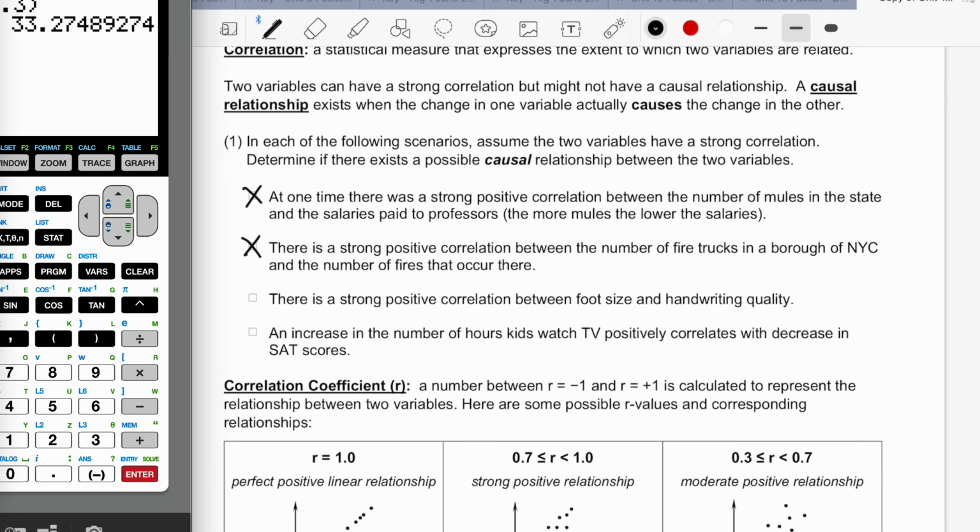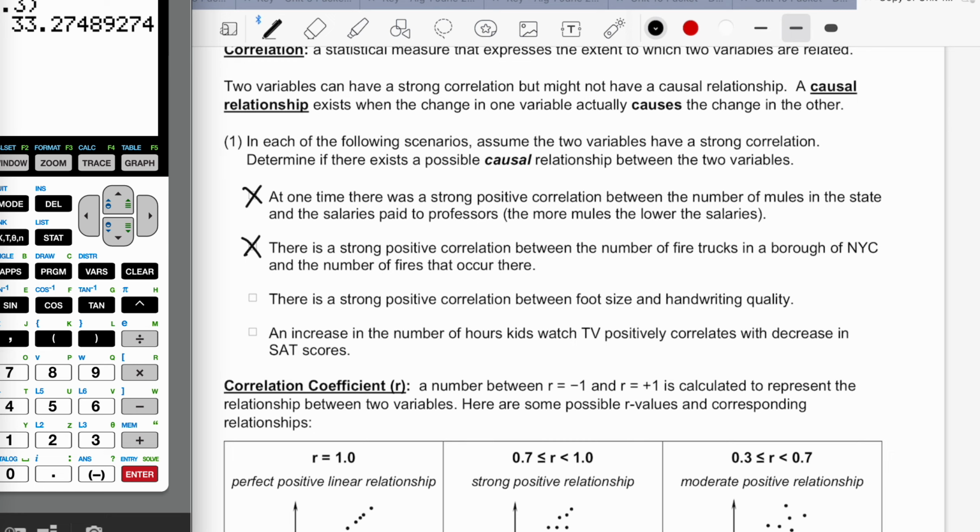Fire trucks do not cause fires. It's not like a fire truck comes rolling down a street and you're like, oh, we're about to have a fire here. That's not how it plays out. They don't prevent fires either. The fire is going to start whether the fire truck is there or not. They're there to put out fires.